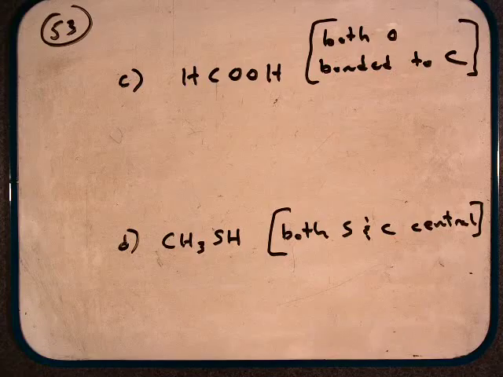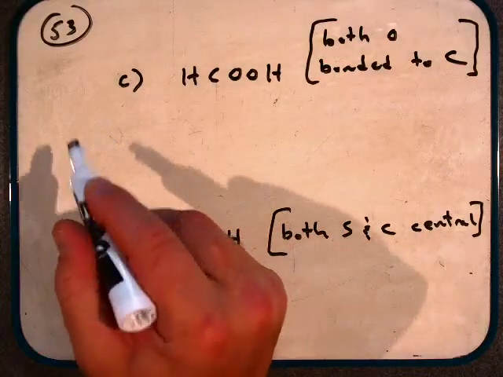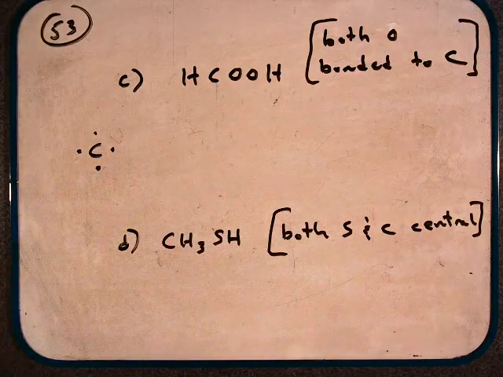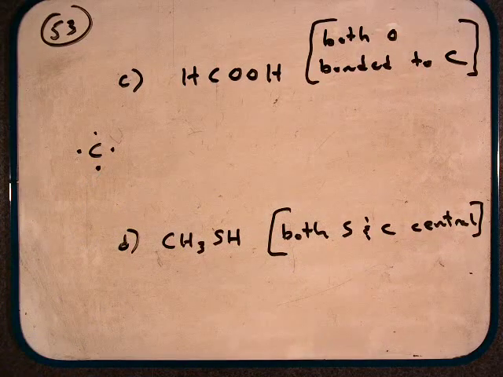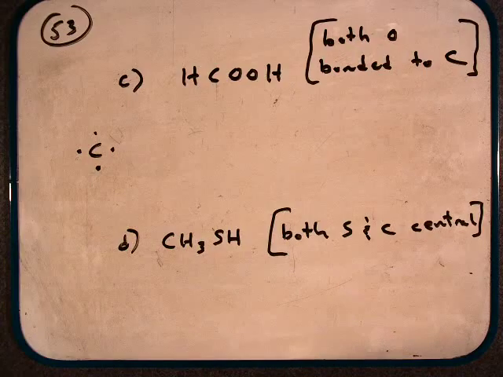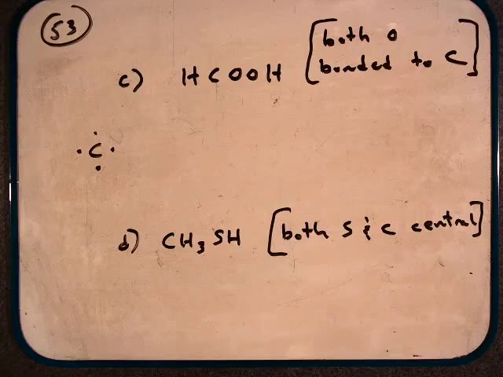to a carbon. And so if we put this structure together, we want to first put our carbon atom in the middle. We're going to put carbon in the middle because it has the most unpaired electrons. It's also going to be the least electronegative comparatively with the oxygen, so we'll put that in the middle.